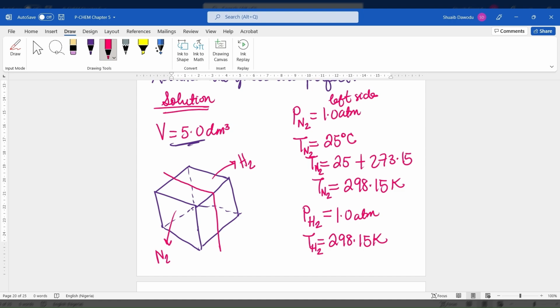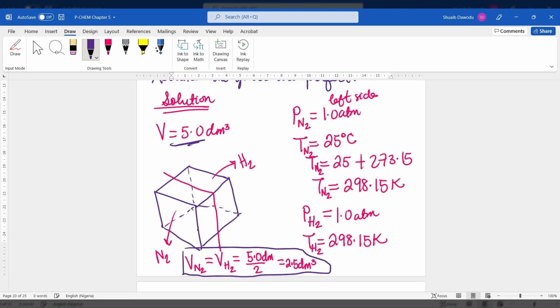Well, since it's two equal parts, we can just simply divide the current volume by two. So the volume of nitrogen as well as the volume of hydrogen gas is just simply 5.0 dm cube divided by 2, which is just simply 2.5 dm cube. So this is going to be the volume of each individual compartment. So I just think it's very important that I mention that before we start solving.